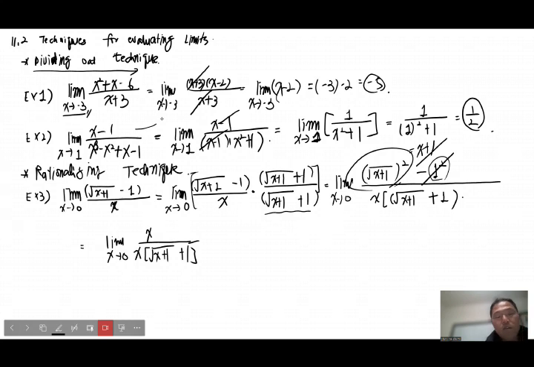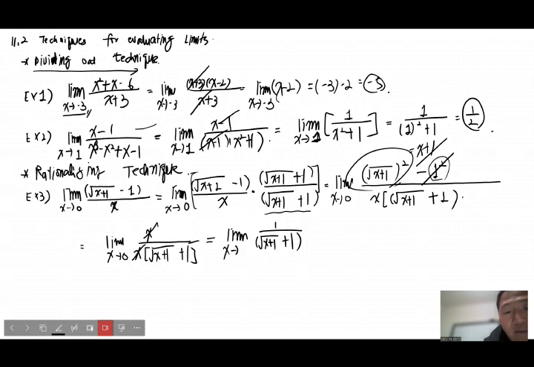Both the numerator and denominator have the common term x, so that can be canceled out. The remaining term is 1 over square root of x plus 1 plus 1.